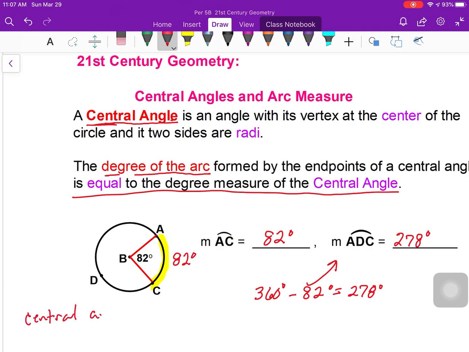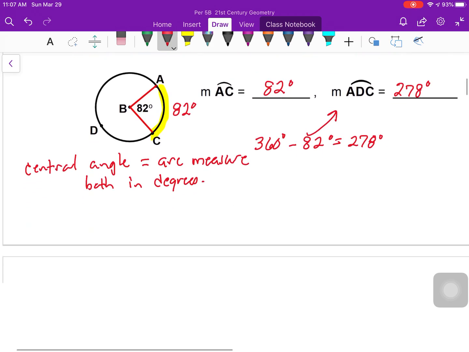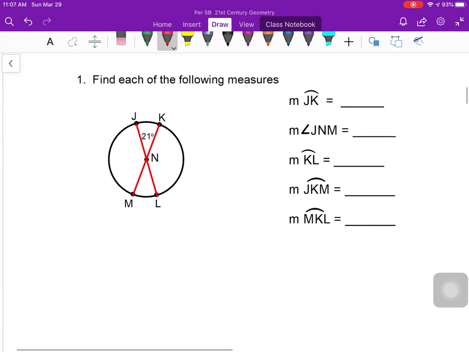So once again, the central angle equals the arc measure. Both are in degrees. And that's what this section is about.